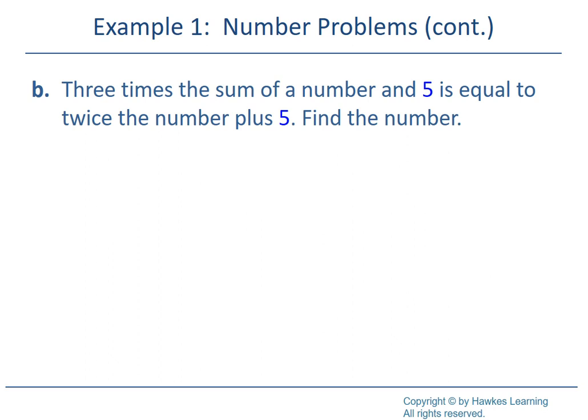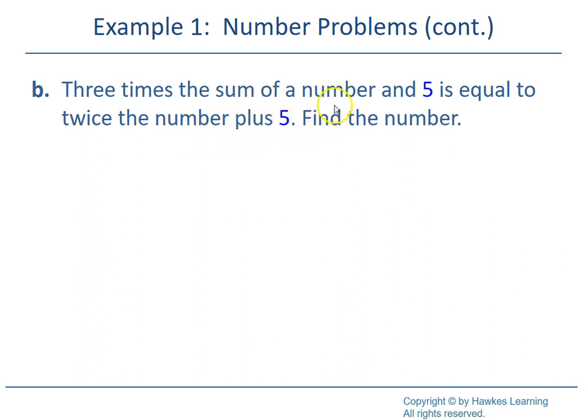All right, let's take a look at this. Again, you're pausing the tape, thinking about it, reading it more than once. Three times the sum, now remember when we spoke of sum, we're going to put that in a parenthesis, of a number and 5 is equal to, that's going to be your equal sign, twice the number plus 5.